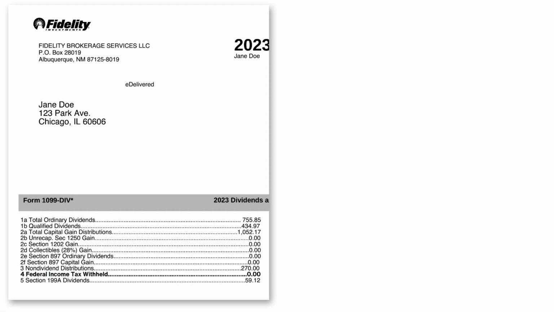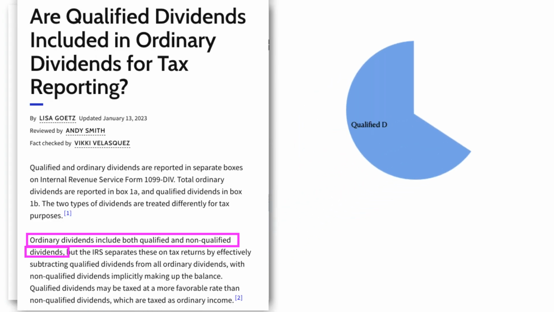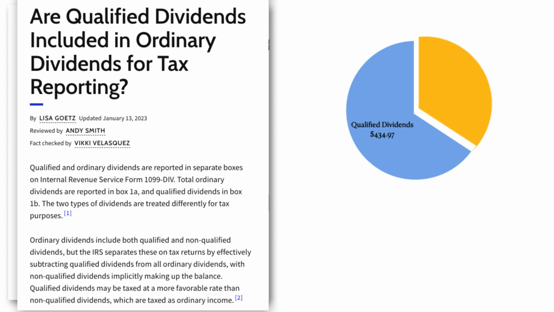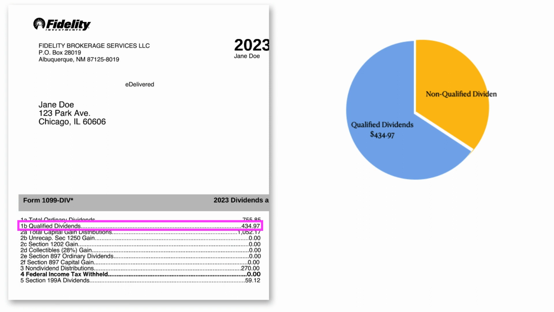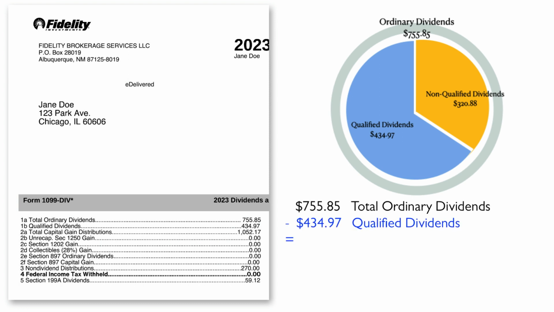What is the difference between ordinary dividends and qualified dividends? Ordinary dividends encompass both qualified and non-qualified dividends. So in our case, Jane had $434.97 in qualified dividends and $320.88 in non-qualified dividends, which I can calculate by subtracting the qualified dividends from the total ordinary dividends of $755.85.